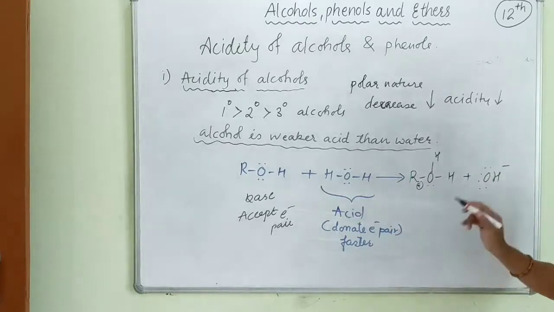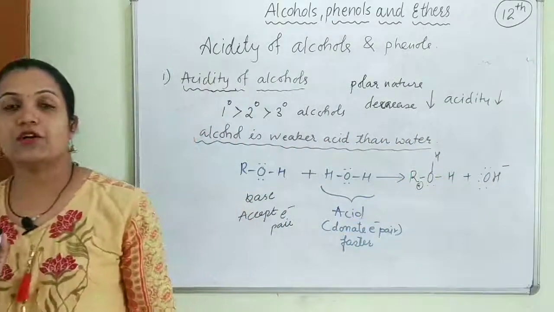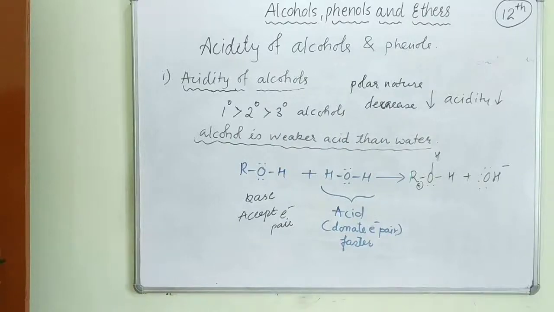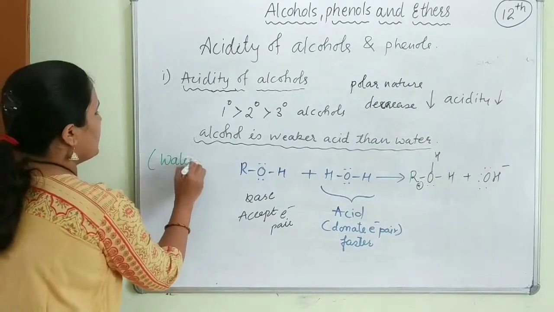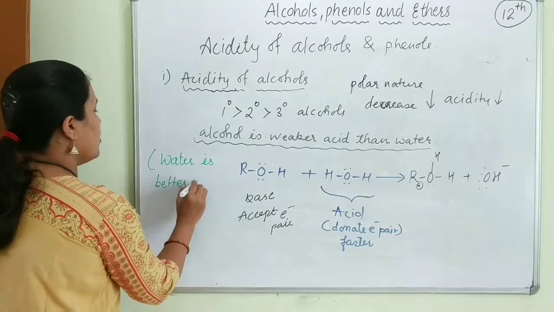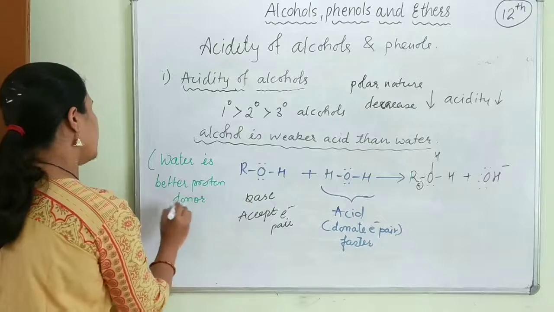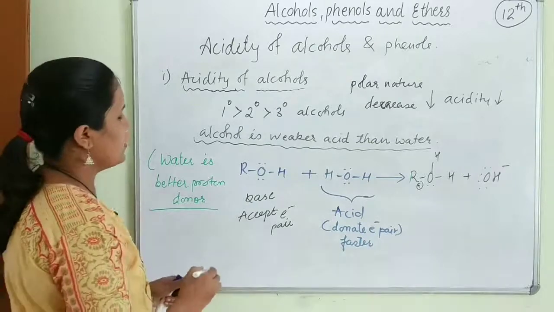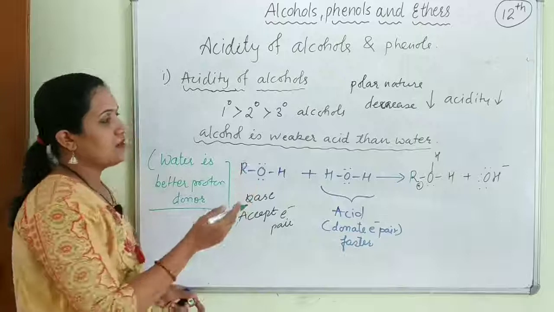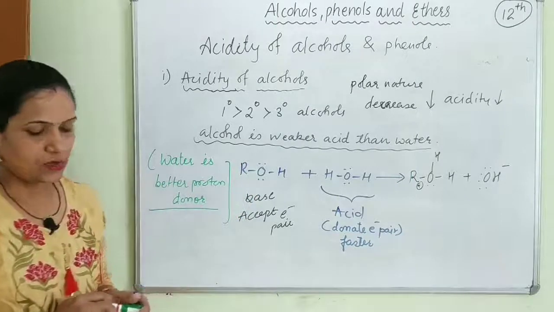So in this way, we are saying that water is more acidic than alcohol because water is a better proton donor, and that's why water has a little higher acidity than alcohol.